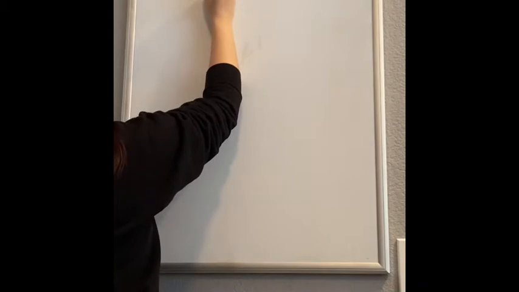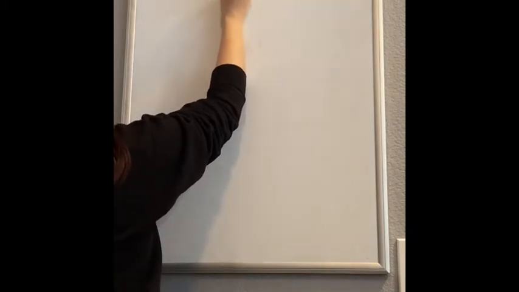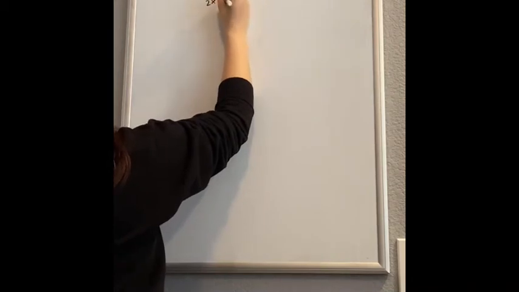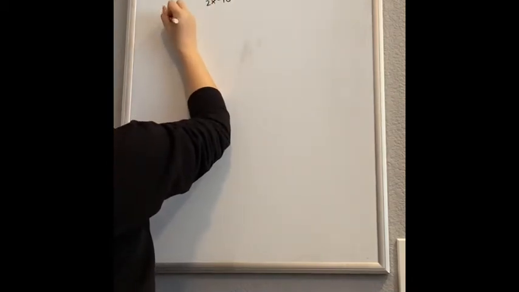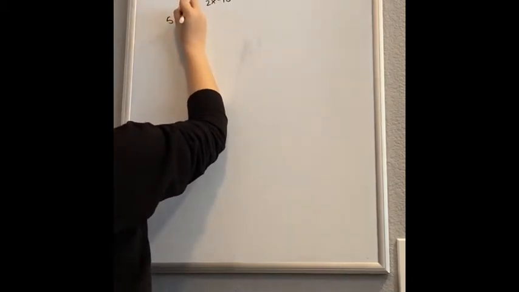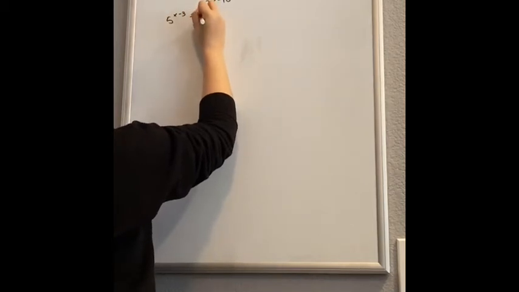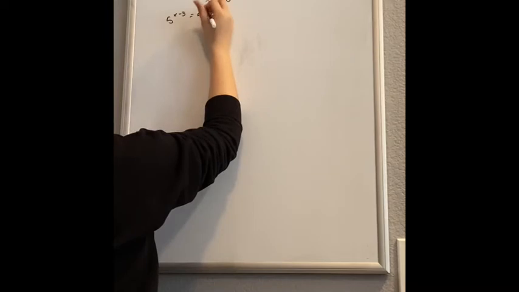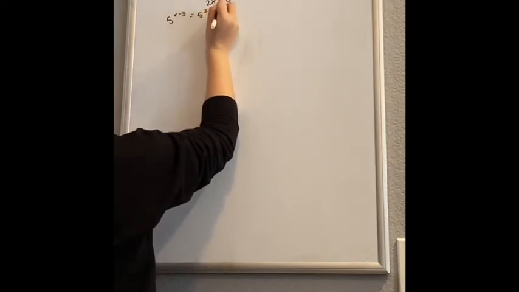So when you distribute 2 times x minus 5, you get 2x minus 10. So then we would get 5 to the x minus 3 equals 5 to the 2x minus 10. So this is what we have now after we've changed the base.